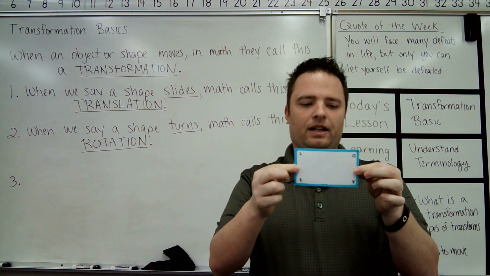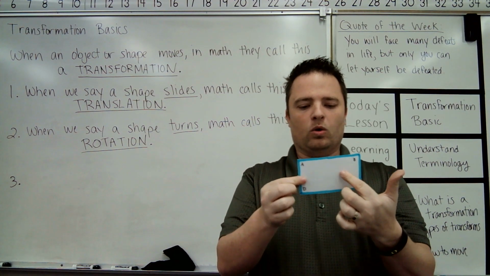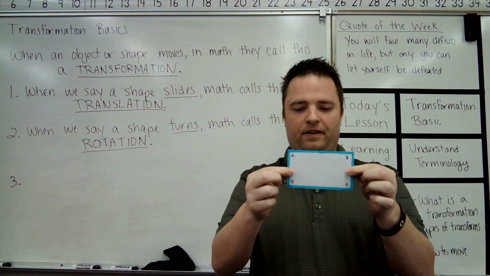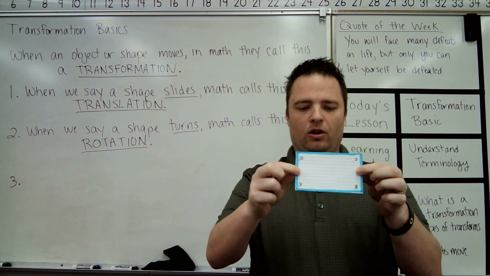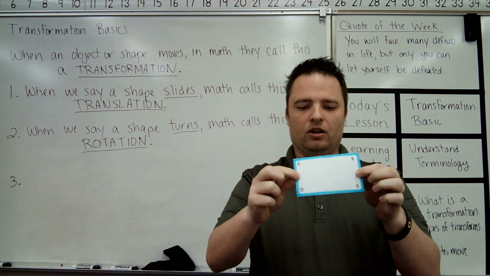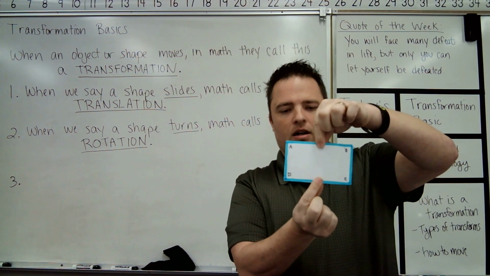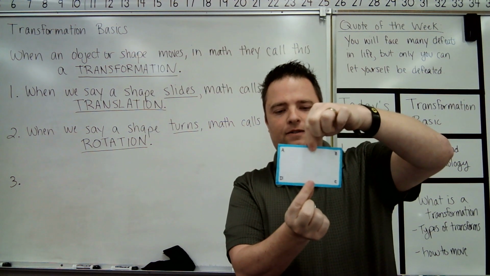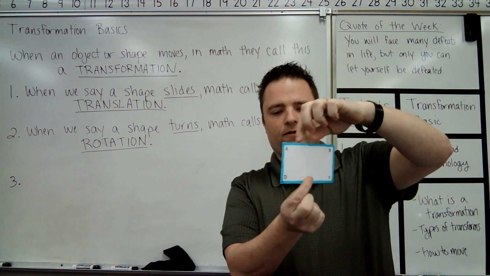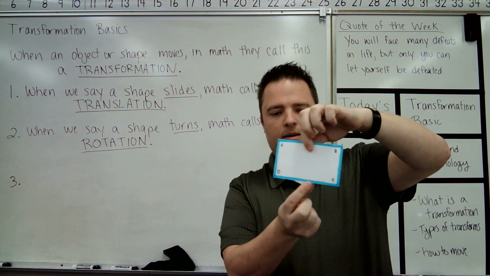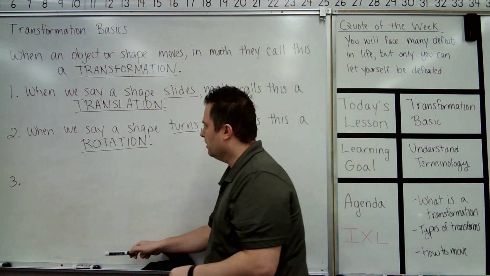Or I can think of it as if there was a horizontal line right here where my fingers are connecting, and if I was to flip it along that line, flip it along a horizontal line, or if there was a line that went straight up and down called a vertical line, this would be flipping it along the vertical line. Okay? This is the type of movement we're going to describe next.